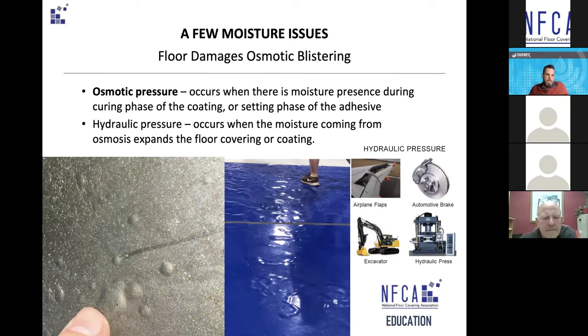Going back to school level science, osmosis is the transportation of moisture from an area of low chemical content into an area of high chemical content through a semi-permeable membrane. Basically, if there is moisture present when the epoxy is put down, and there are two parts that are mixing, the epoxy has two parts reacting with each other to create the finish that you need.